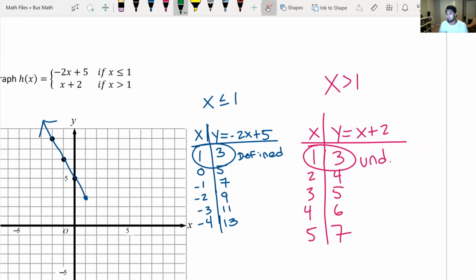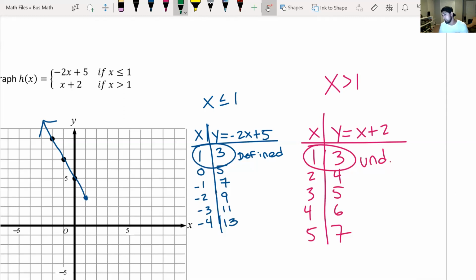Well, what happens here is something called a removable discontinuity, right? To keep it in simple terms, if a point happens to be defined and undefined, well, all we're going to do is say that the point is defined altogether.